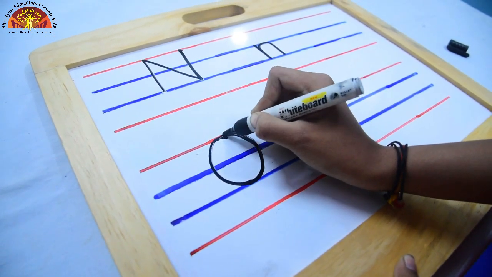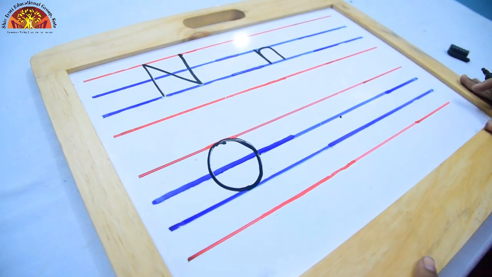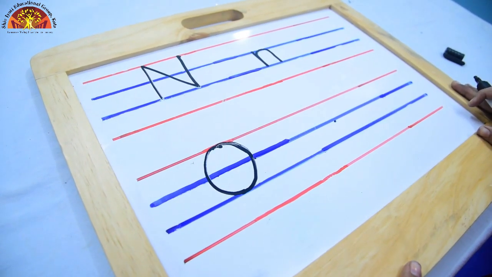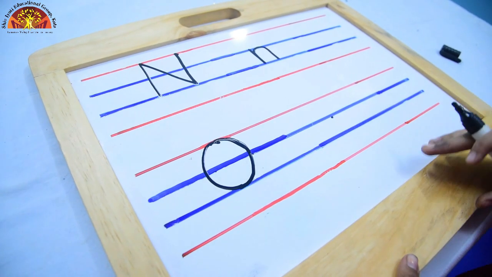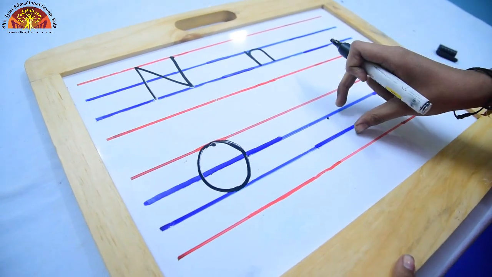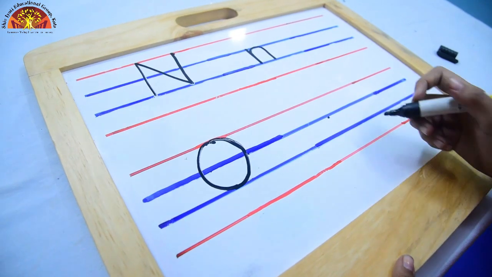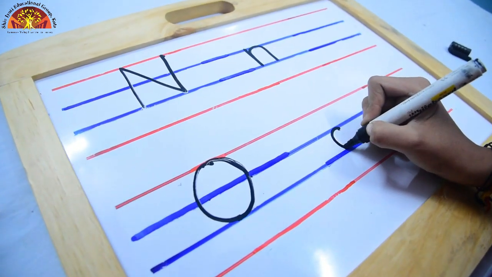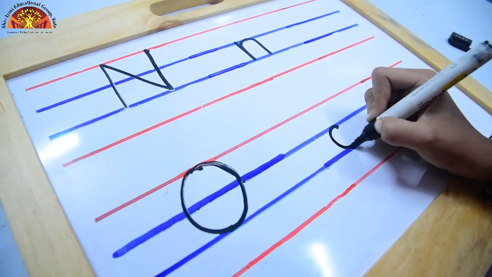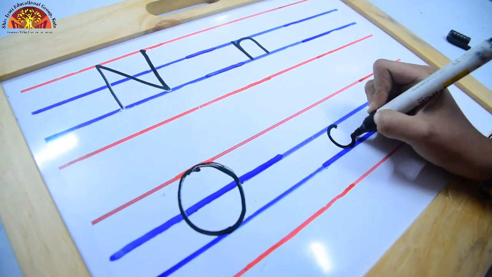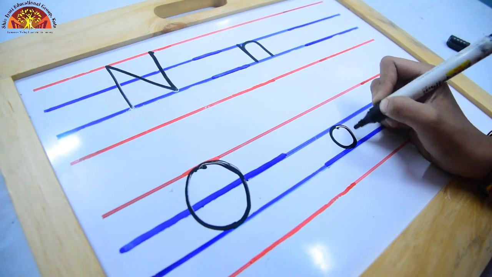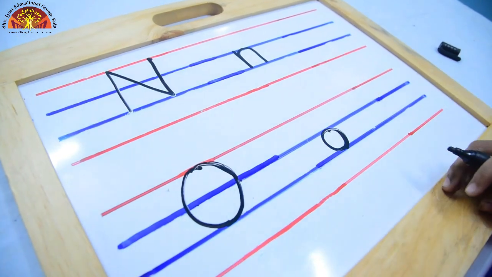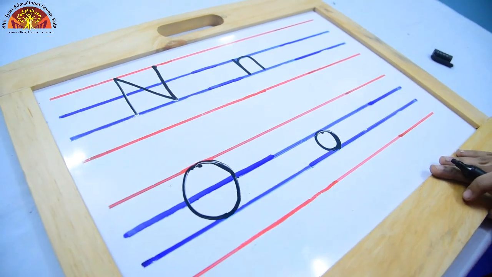This is capital letter O. Now let's make small letter O. You have to write this letter in between these 2 lines only. Start from here, draw a small curve, one more small curve in the opposite direction and join like this. This is small letter O.